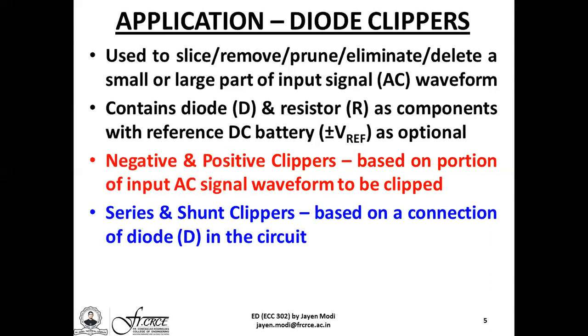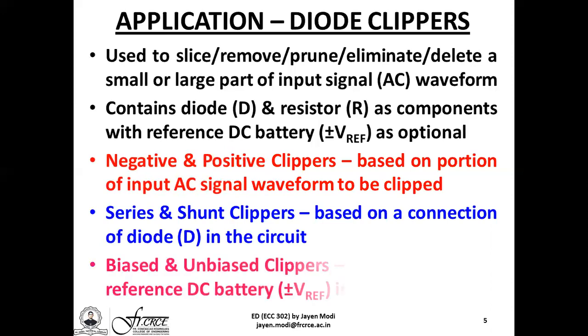And lastly, the third type of clipper circuits are biased and unbiased clippers. This depends purely on whether we are using a reference DC battery voltage source in the circuit or not. If the reference DC battery voltage source is there, it is called a biased clipper. But if there is no DC battery reference voltage used, then we call it an unbiased clipper.